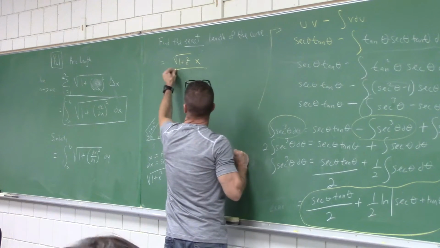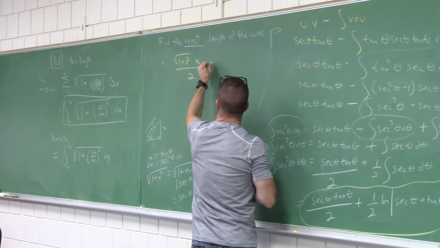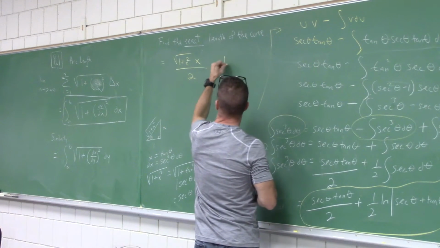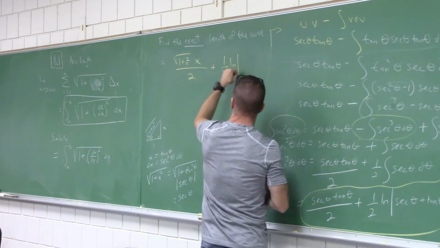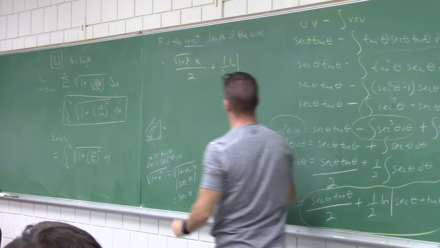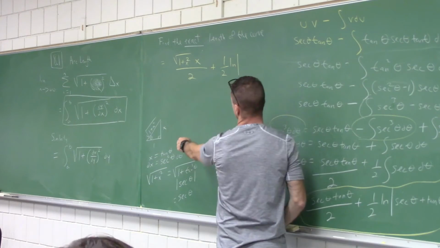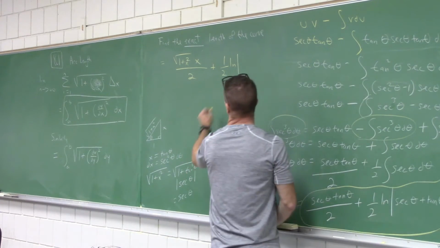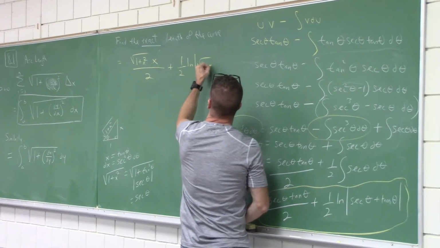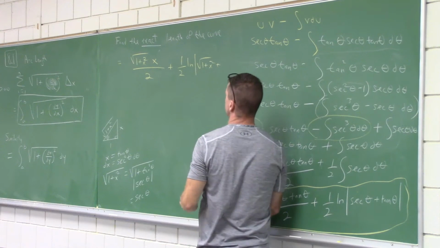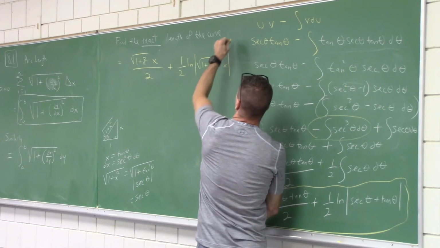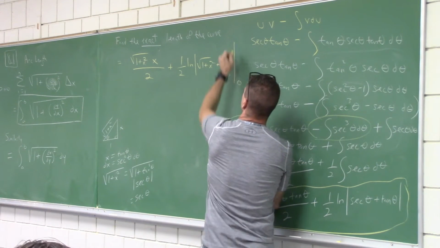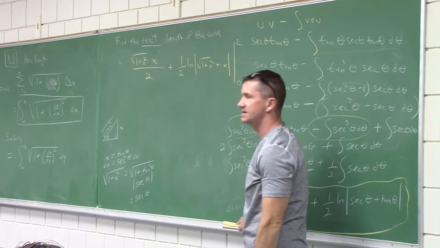Times x all over 2 plus 1/2 natural log of, what's in the bars? Secant of theta is square root of 1 plus x squared plus x. And where are we going from? 0 to 2. Isn't that cool? Got it.